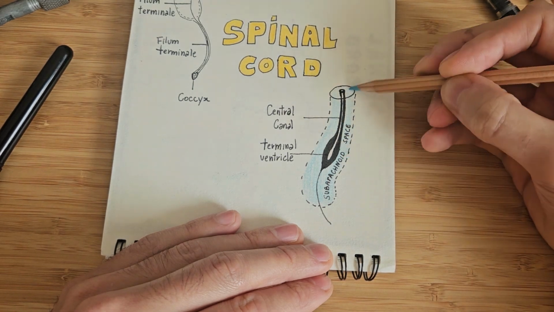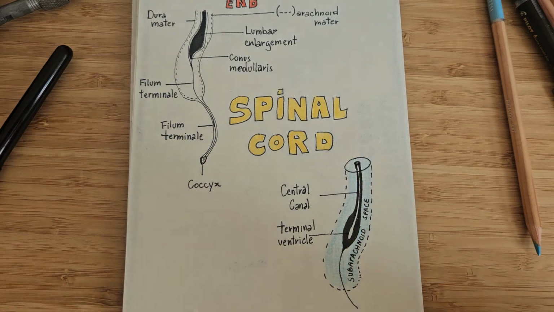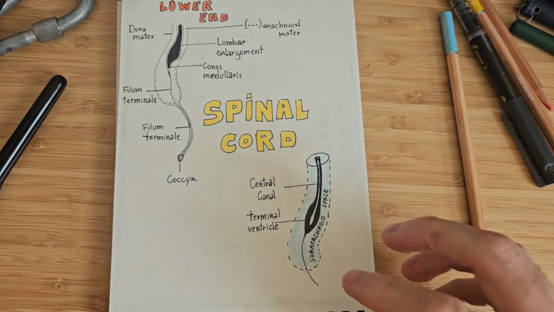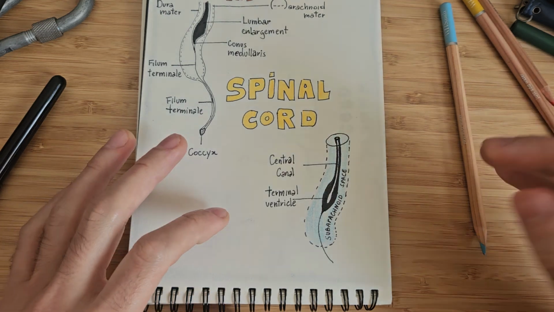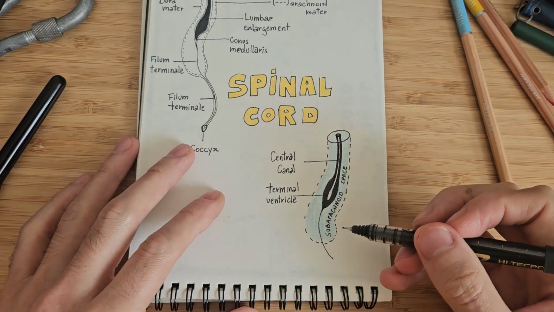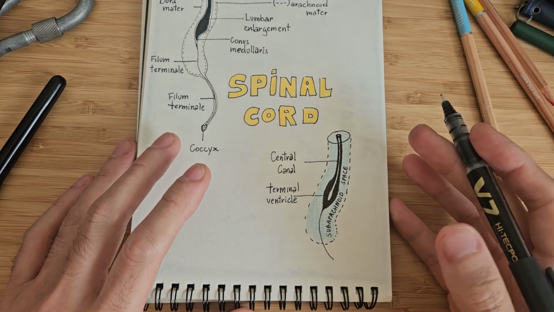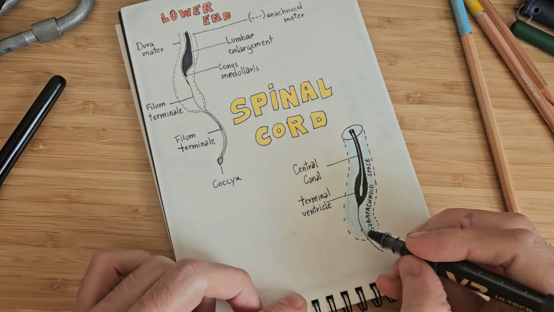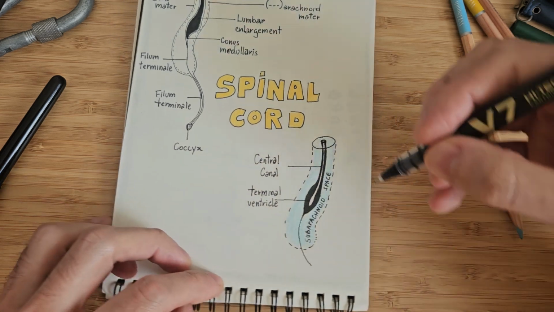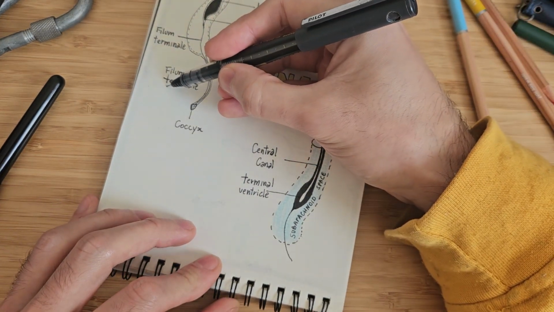Okay, this is the subarachnoid space. Let me just zoom out, lift my camera a little more. And the subarachnoid space, as I mentioned, is filled by cerebrospinal fluid, and we have the filum terminale right here again, that maybe I don't need to label, I just need to connect with this.